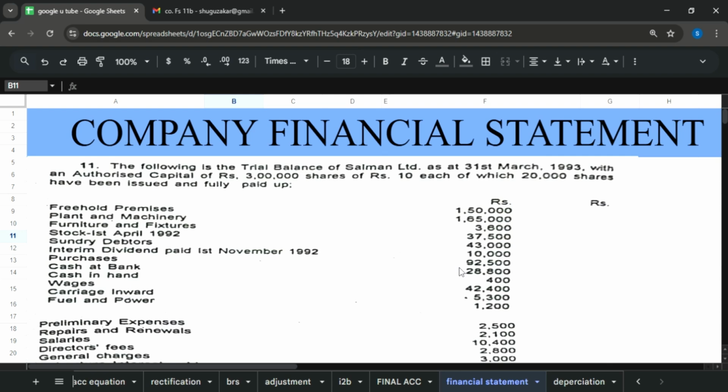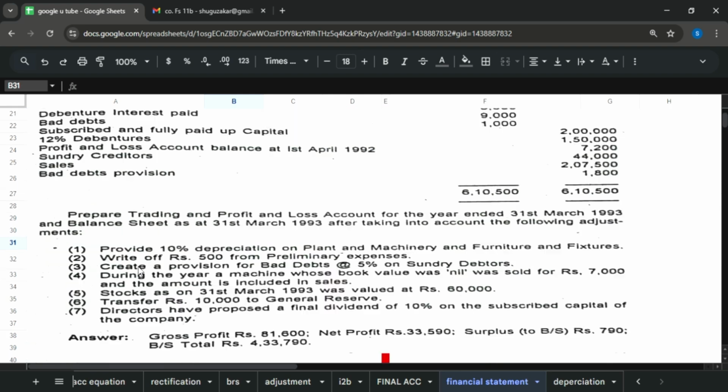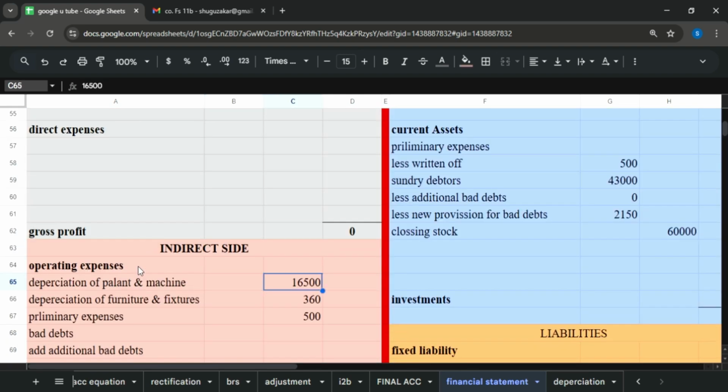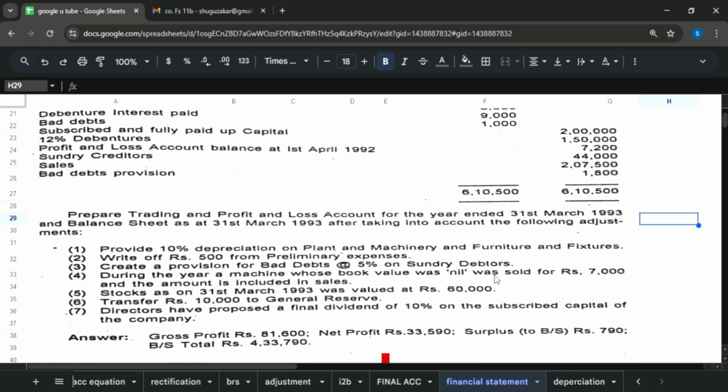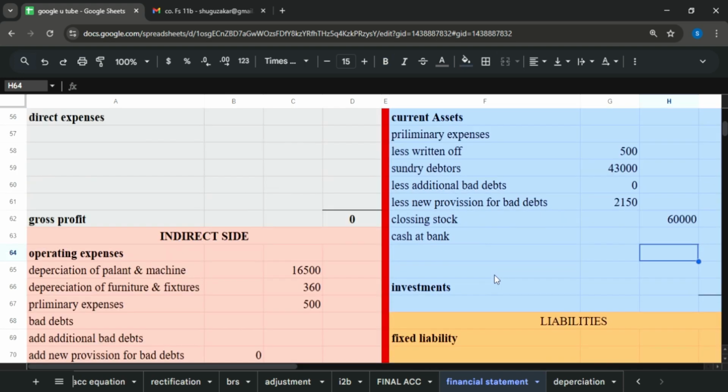Now after that we have cash at bank, part of your current asset side here, cash at bank. The amount of cash at bank we will see, and that is 28,800.